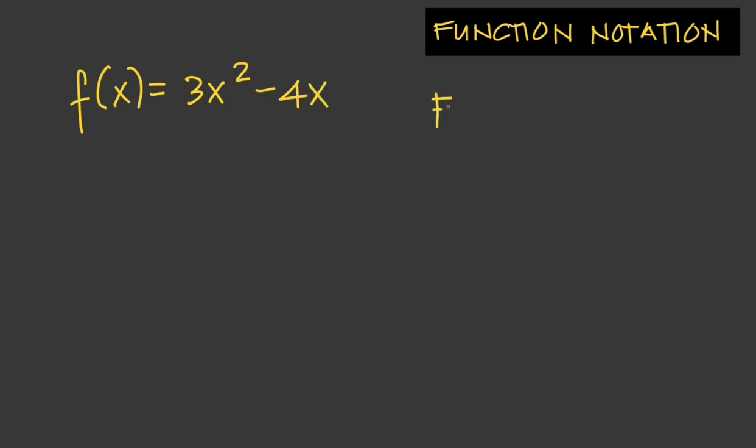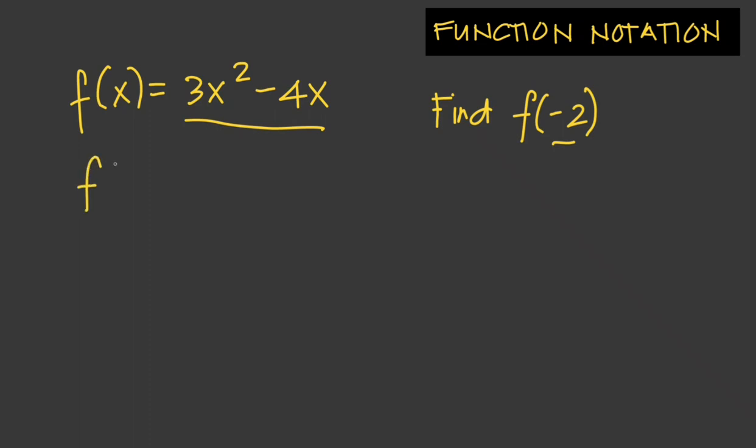Then find f of negative 2. So our negative 2 here is the value of x that we're going to plug in to the equation. So all we have to do is substitute negative 2 in for x in the function.